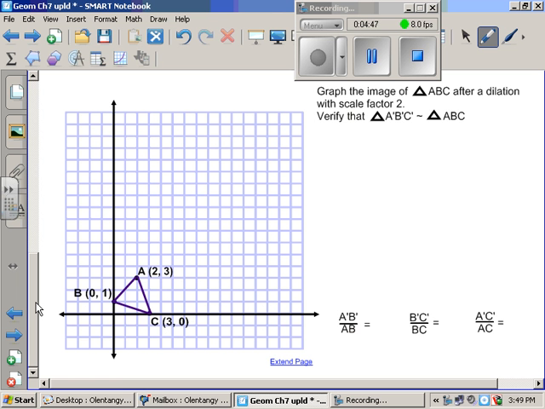So B prime is going to be 0, because 0 times 2 is 0, and 2 times 1 is 2. So it's going to be at 0, 2. Let me do that maybe in red so you can see it better. So B prime would be here. A prime would be 4, 6, which would be there. And C prime would be at 6, 0.